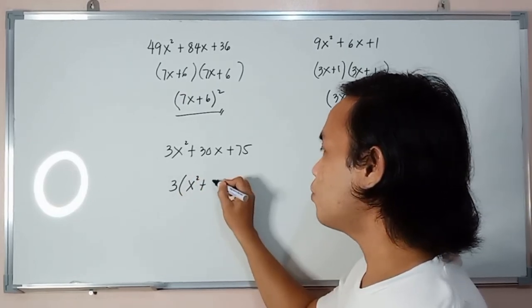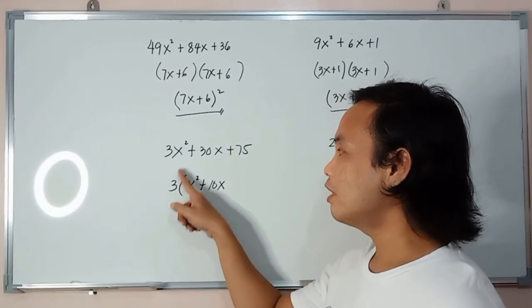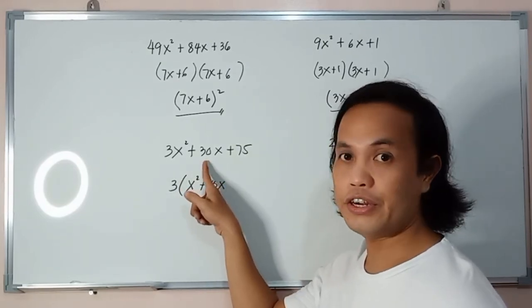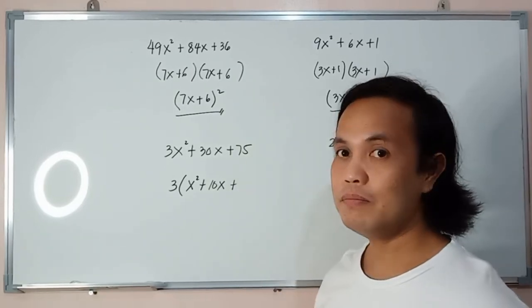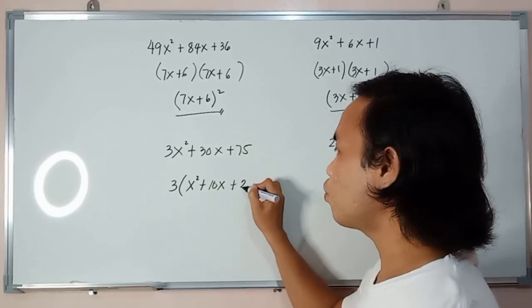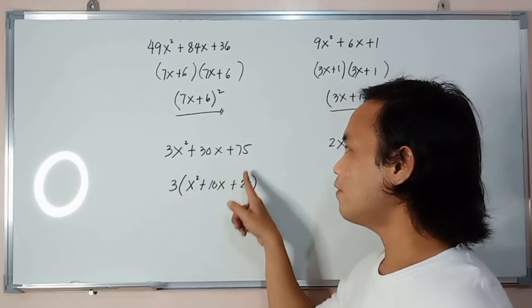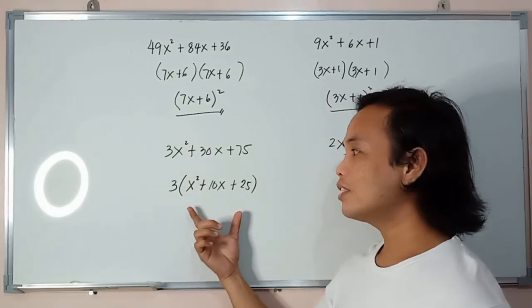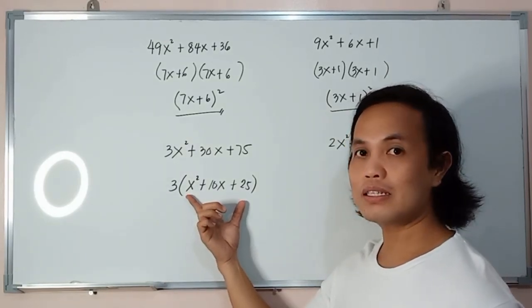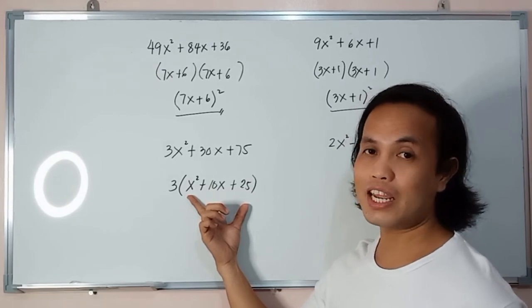So what remains here will be 10x. That means 3 times 10x is 30x. Plus, for 75, what remains shall be 25. That is 3 times 25 is 75. This time, we have here a trinomial x squared plus 10x plus 25, which is now a perfect square trinomial.